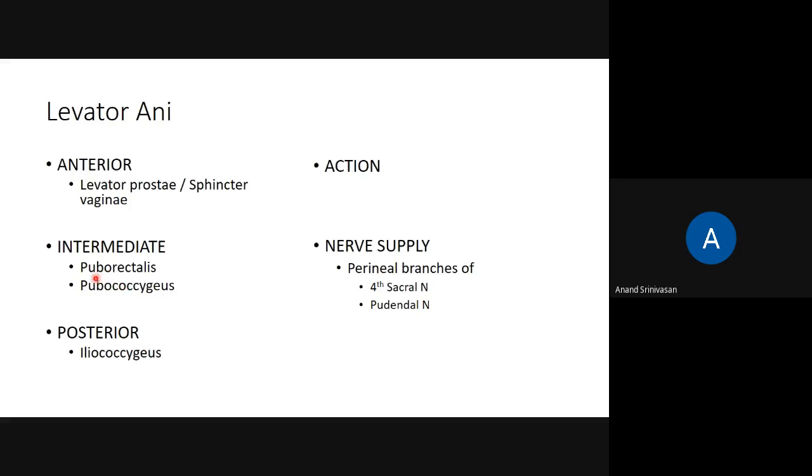The intermediate part, circling around the rectum, is the puborectalis, then the pubococcygeus, and posteriorly the iliococcygeus. Basically, they prevent the abdominal structures from descending down and give strength to the abdomen. They are supplied by the pudendal nerve as well as the fourth sacral nerve.